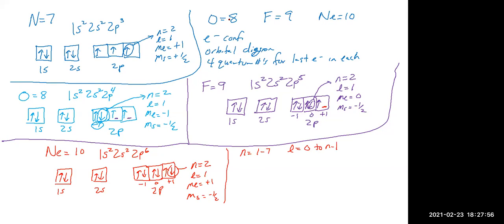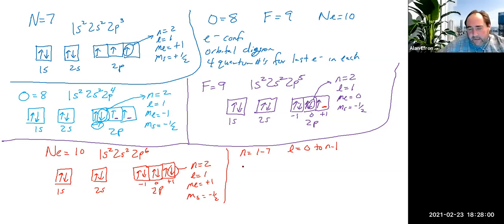And when we get to M sub L, for every individual L value that you have, the M sub L value will run from -L to 0 to +L, all whole numbers.